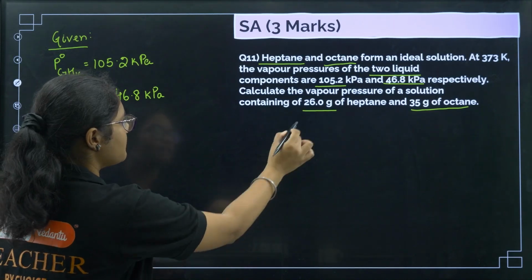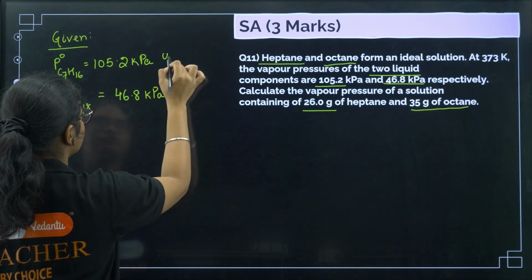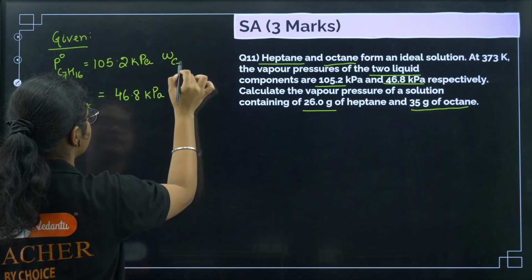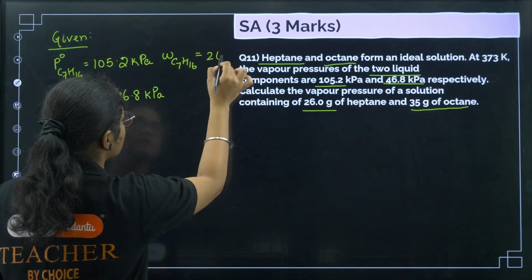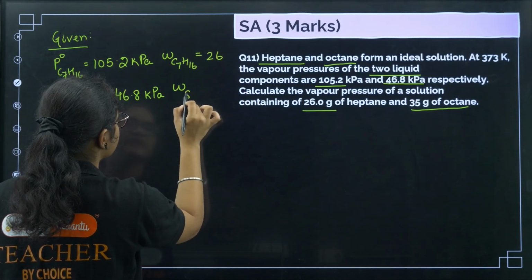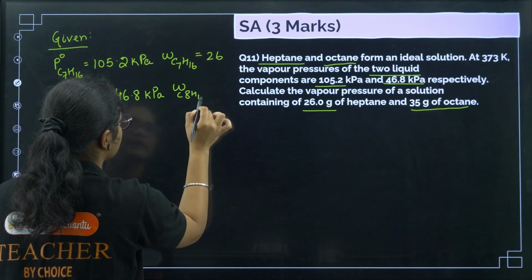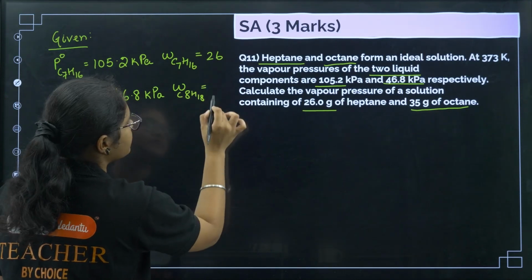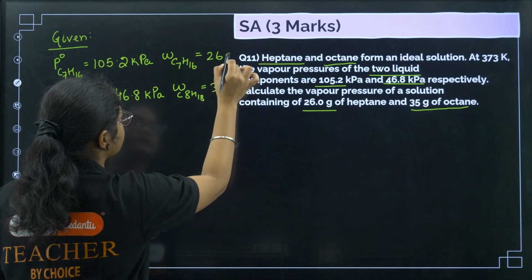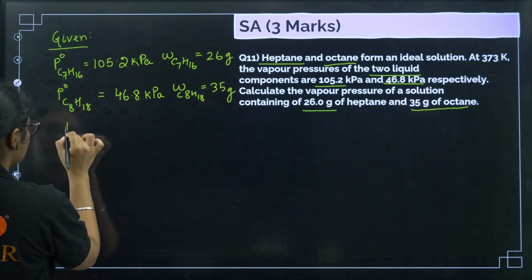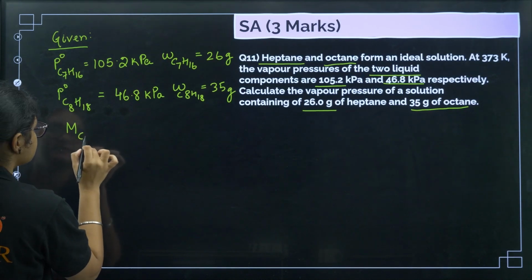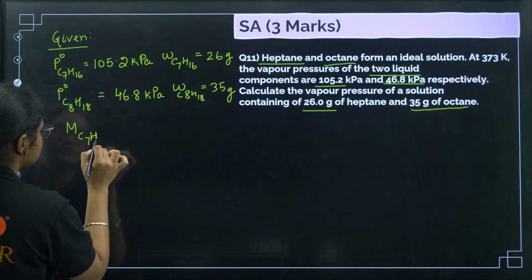Now what is the mass of this one taken? W of C7H16 is how much? 26 gram. And W of C8H18 is how much? 35 gram. Next you want to calculate the molar mass of C7H16.